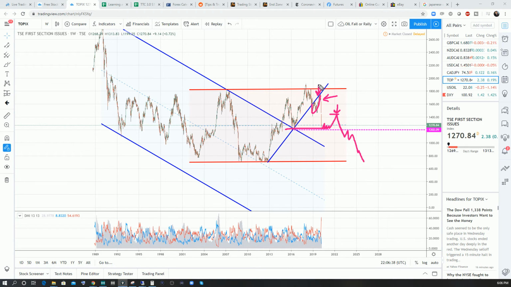Now, there's a couple of things that you need to understand. If we are at the support level right here and price holds and it goes back up again above resistance, then what we're going to be expecting is a new trend. So a new trend could prevail right here, as the market starts heading north. So this could just be a corrective move in what we see now as a current trend.